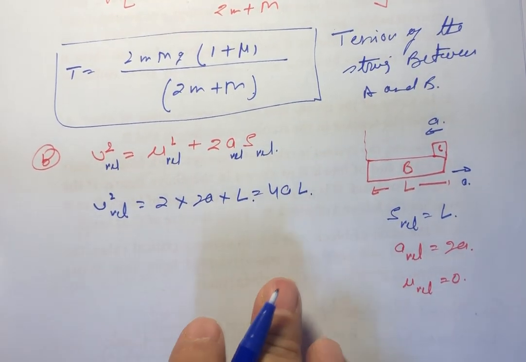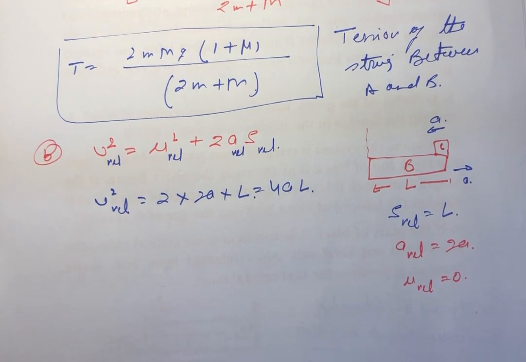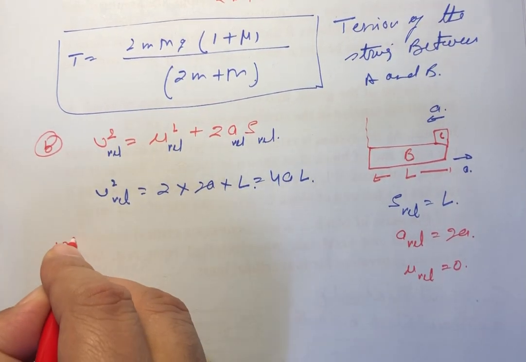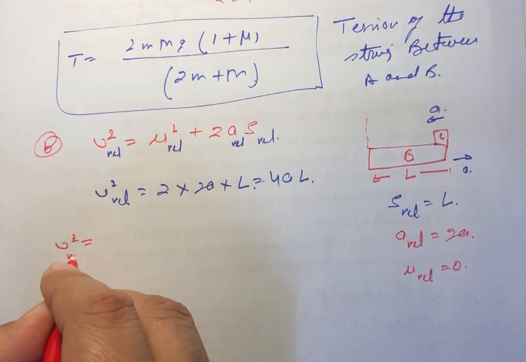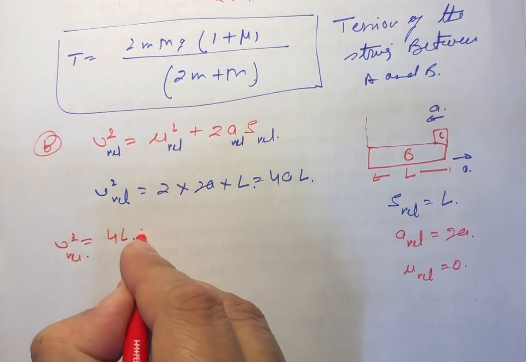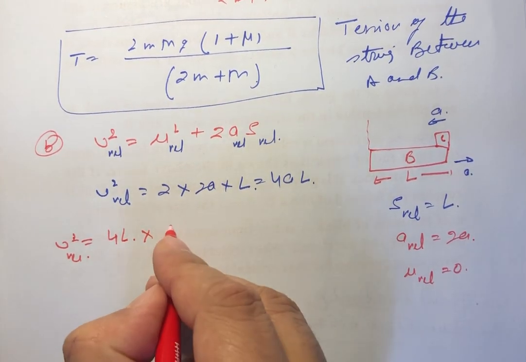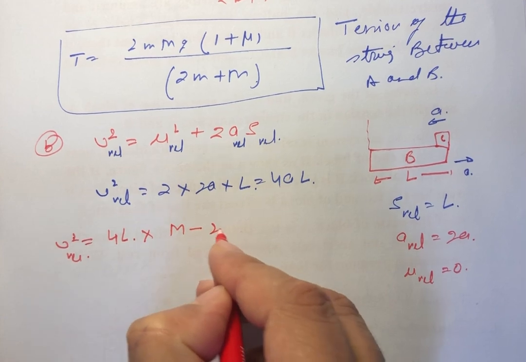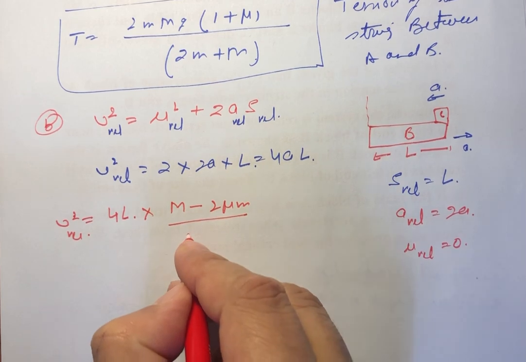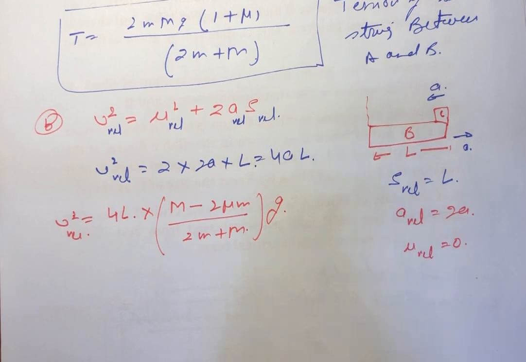And we substitute the value of acceleration a. So we can write this as v square relative is 4 multiplied by a, and our acceleration was equal to m minus 2 mu m divided by 2m plus capital M multiplied by g.